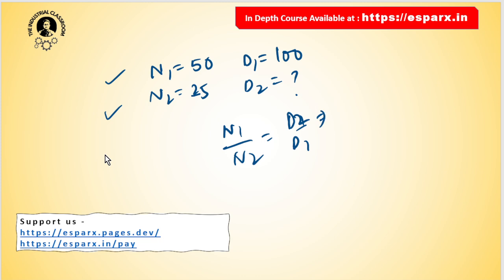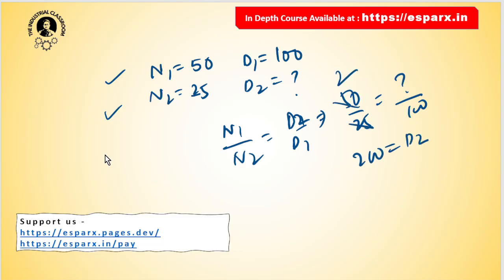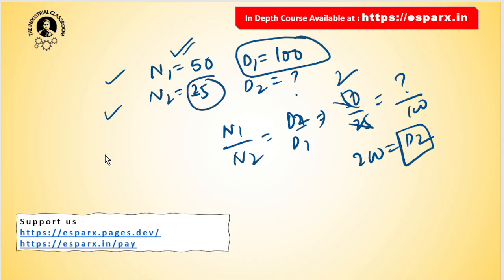So 50 by 25 is equal to D2, which we have to find out, by 100. So 2 into 100, so 200 is equal to D2. So now we see whenever the speed is high, the diameter is small. If the speed of the second gear is less, the diameter is larger.